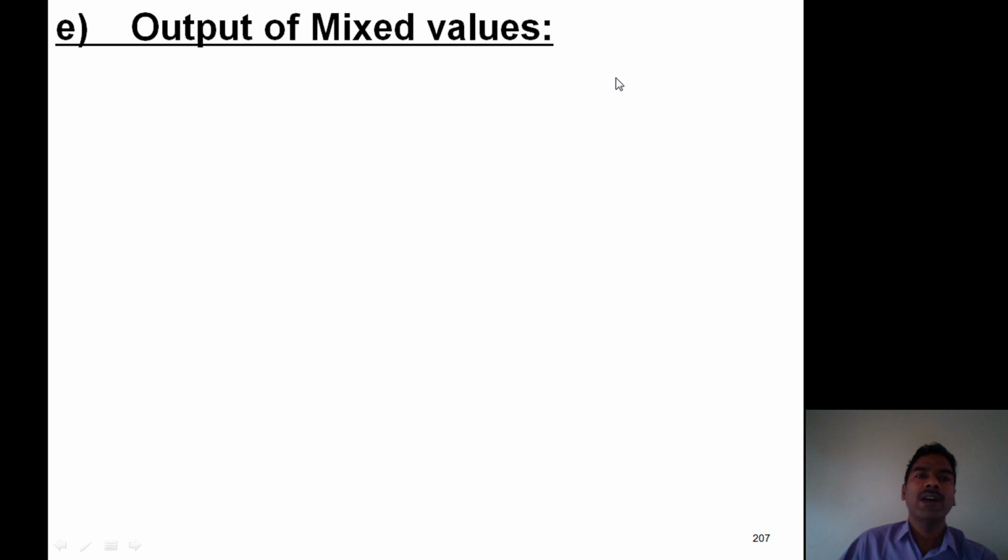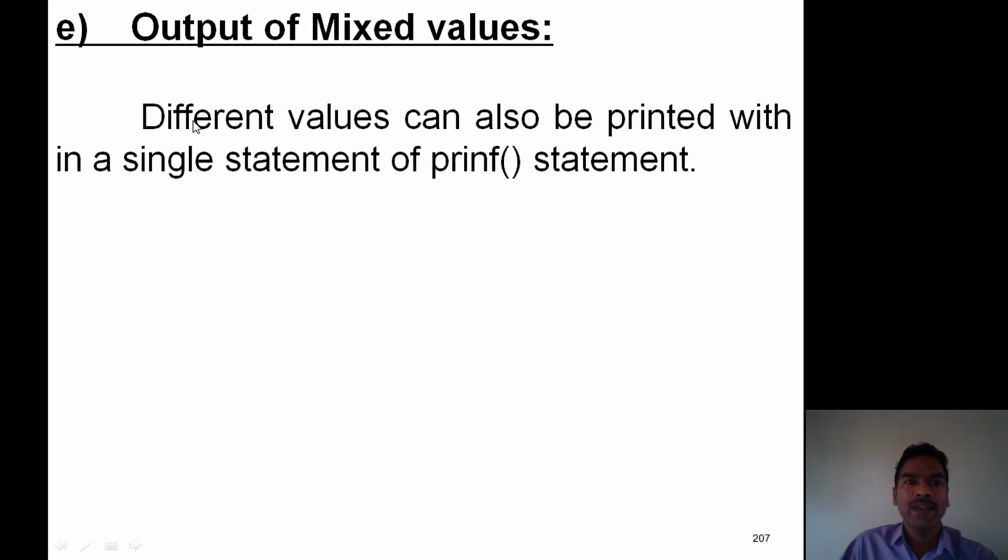Now the last one, output of mixed values. Previously, different categories were explained individually, like output of integer values, output of real values, output of character values, and output of string values. Now apart from this, different values can also be combined within a single printf statement.